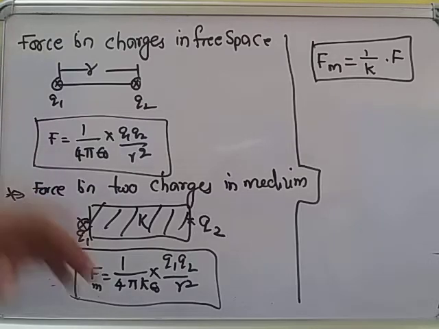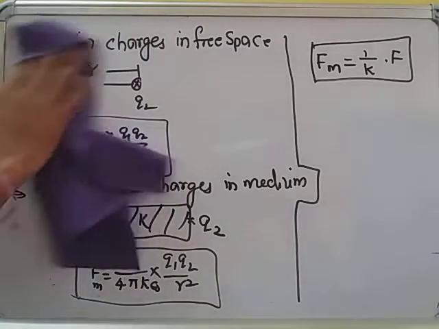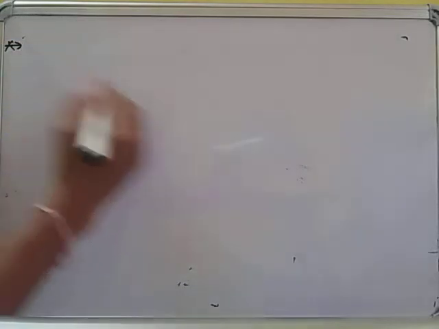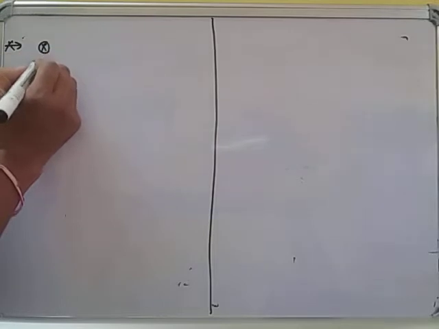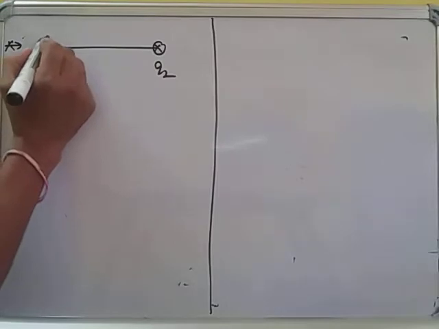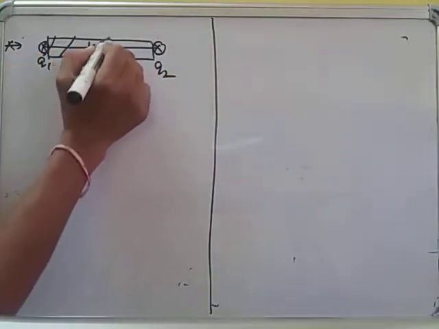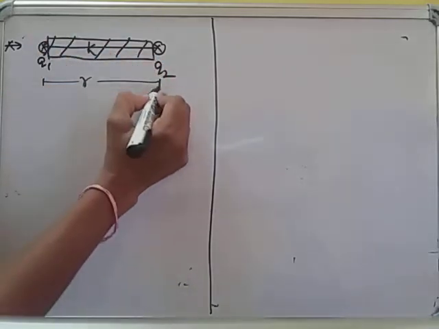Now here, one application I will give regarding this Coulomb's law. There are two charges q1 and q2 placed at a certain distance in a certain medium whose dielectric constant is K, and the distance between the two charges is r in the medium.